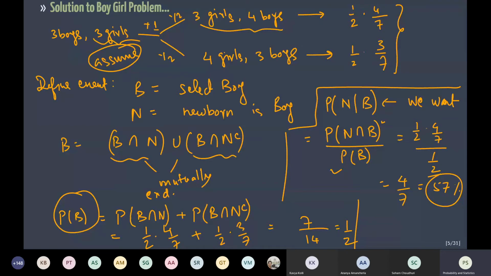So then the probability that the newborn was a boy increased. And the same thing would have been if he had randomly picked a girl. Then the probability that the newborn was a girl has increased now.